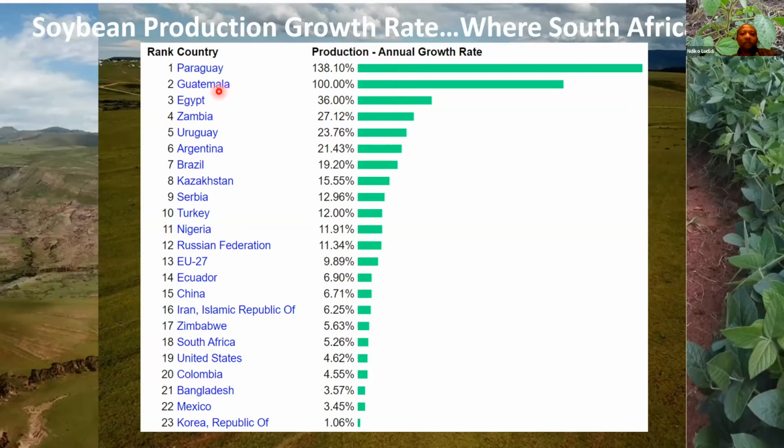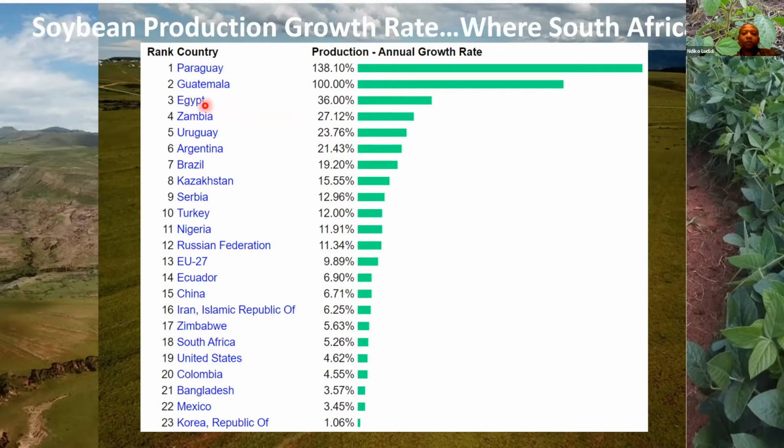So despite countries such as Egypt not appearing amongst the top producers, you can see that in terms of growth of soybean production, Egypt and Zambia as African countries show this potential of being able to increase soybean production much more, for example, than South Africa is doing. We're sitting at a growth rate of about 5%, while Egypt is 36% and Zambia is 27%.